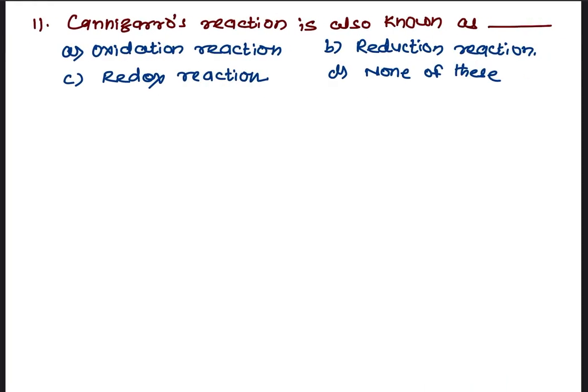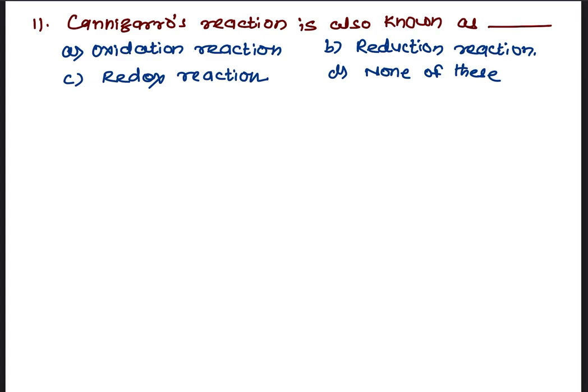Next, the Cannizzaro reaction is also known as what? What is the Cannizzaro reaction? Aldehydes and ketones lacking alpha hydrogen atoms, when treated with a strong base, give an alcohol and a sodium salt of a carboxylic acid.